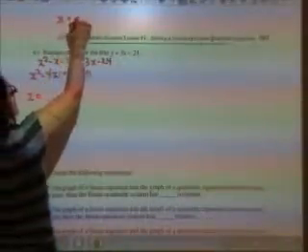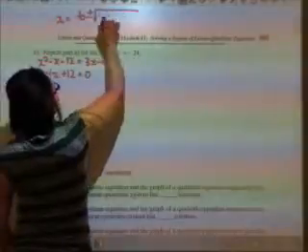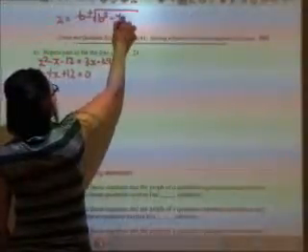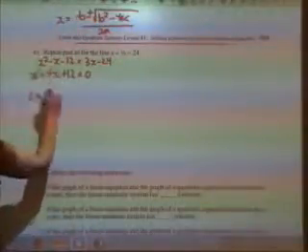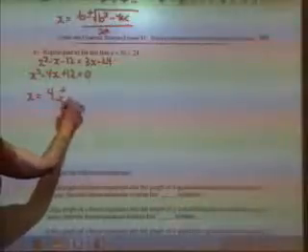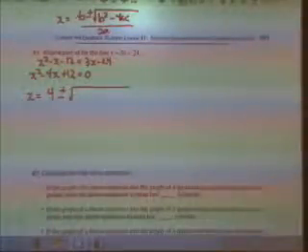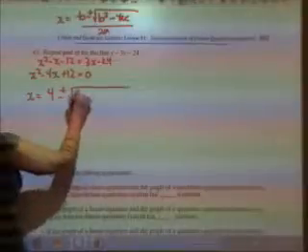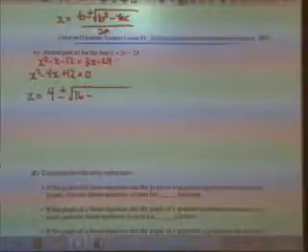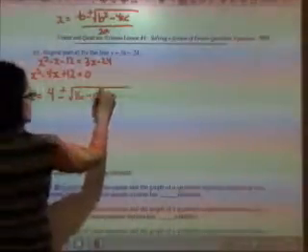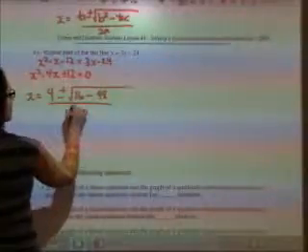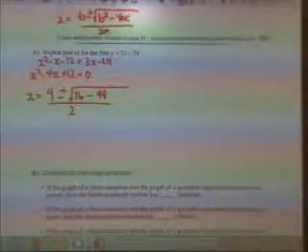x equals -b plus or minus the square root of b squared minus 4ac, over 2a. So -b would be the negative of -4, which becomes +4, over b squared: -4 squared is 16, minus 4 times a times c, which would be 4 times 1 times 12, which would be 48, all over 2 times a, which would equal 2.